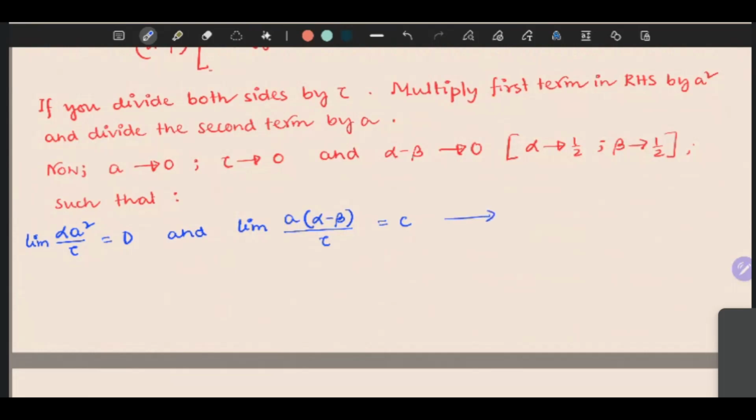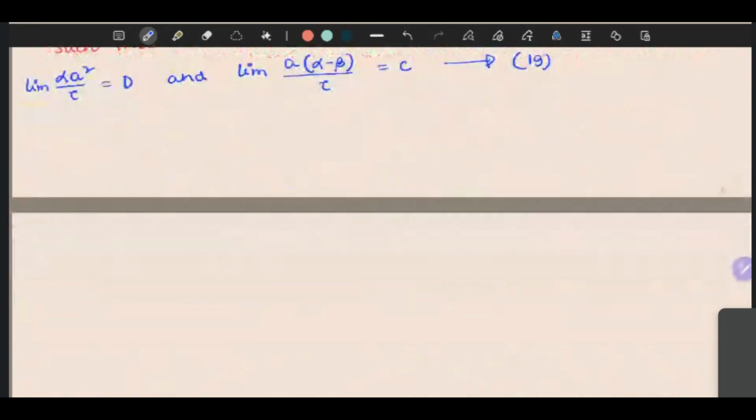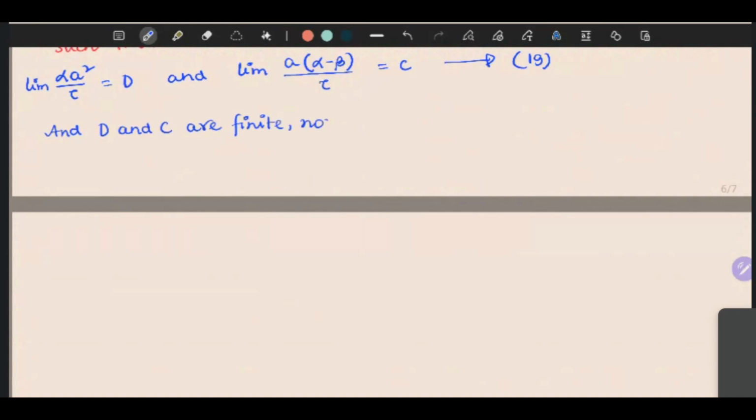Now if you use these two conditions, d and c are finite non-zero constants.